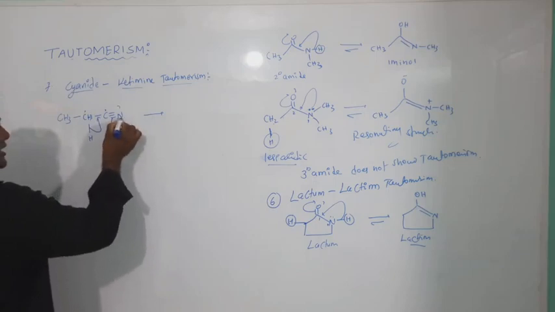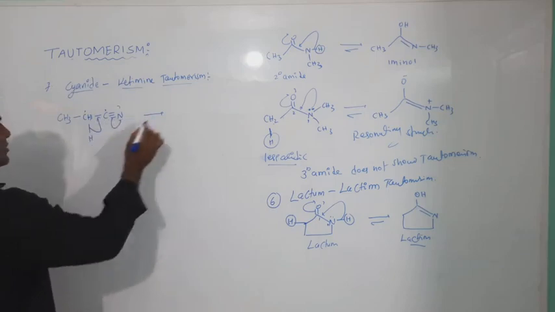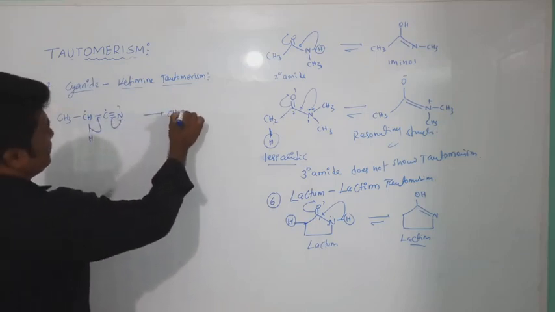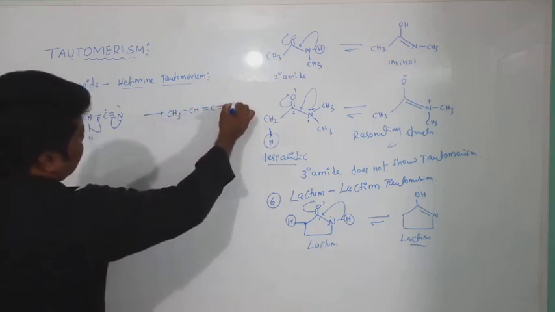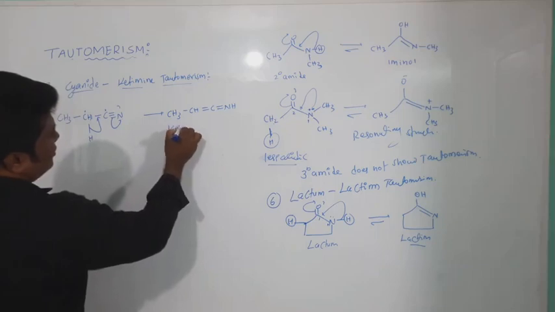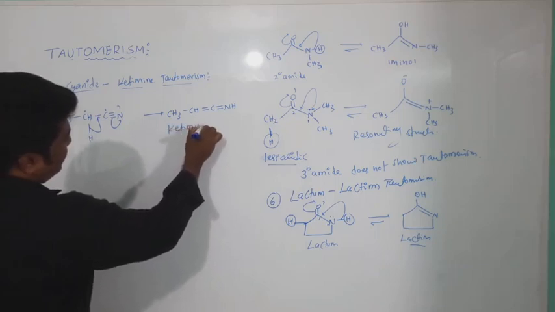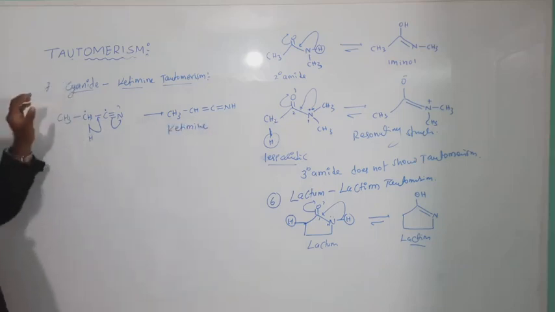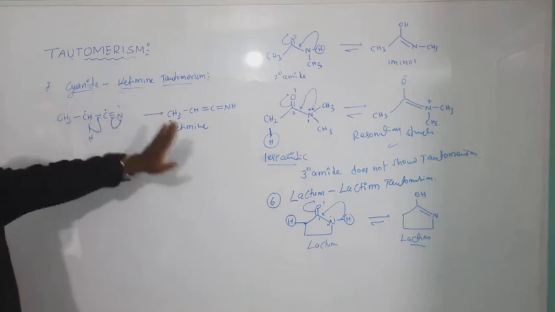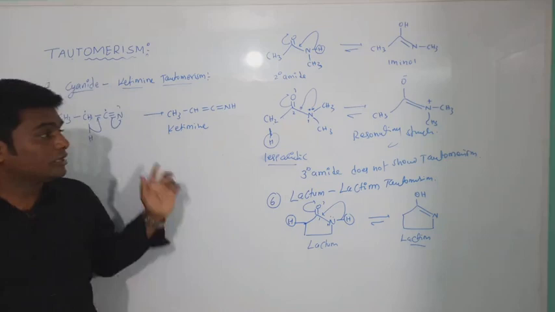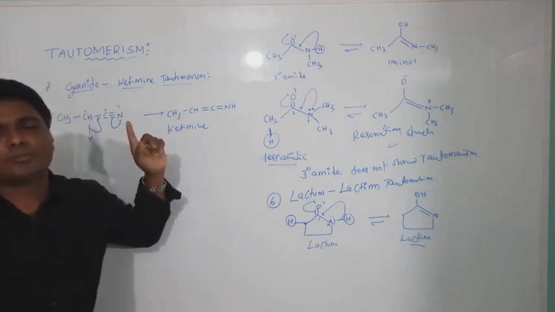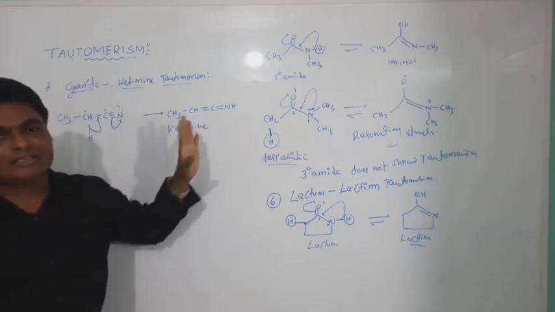So nitrogen gets negative charge, and that negative charge will take this hydrogen. Now you are getting CH3, CH double bond C double bond NH. This is called ketimine. This is cyanide ketimine tautomerism. Totally we discussed 7 types for the 1,3 triad system.